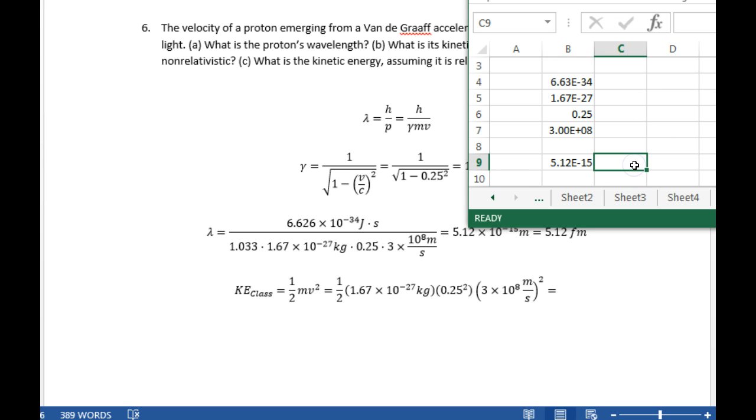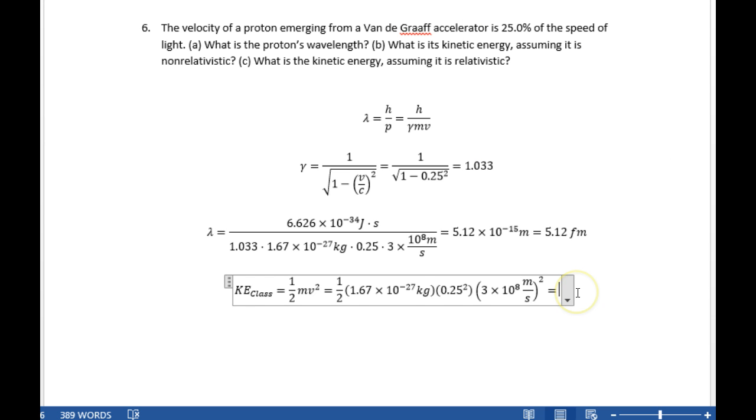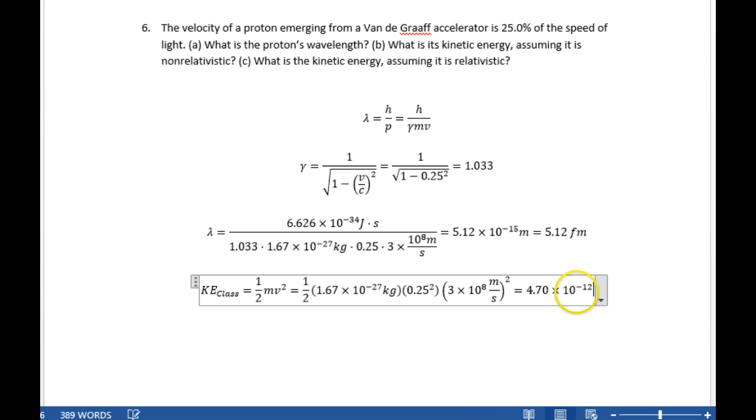So 1/2 mv squared is 0.5 times the mass of the proton times 0.25 squared times speed of light squared, which is 4.70 times 10 to the minus 12 joules. Okay.